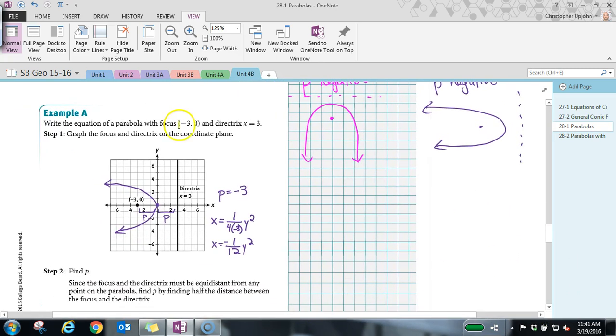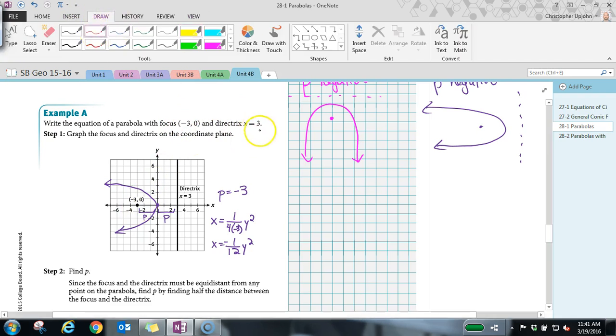So here, we had a focus of negative 3, 0, directrix of x equals 3. And our vertex is at 0, 0. It's in the middle of them. And we want to find the distance from the directrix to the vertex, and from the vertex to the focus. And again, because our y values are not changing, we look at our x's. So x equals 3.